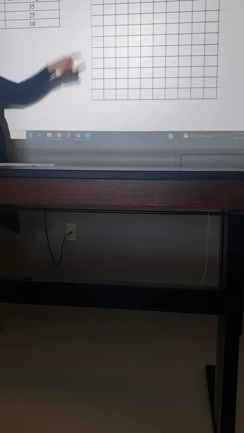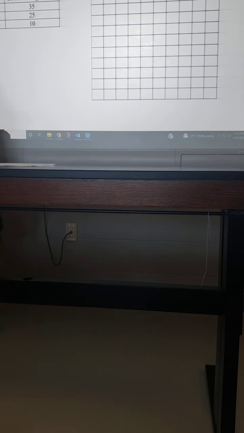Next thing, I look at my data range. What's my smallest number and what's my biggest number? As I look at this, I see 10 and 35. So I have to fit that data into this table. I always try to count by ones first. Well, I don't have 35 lines, so I'm not gonna be able to go by ones.